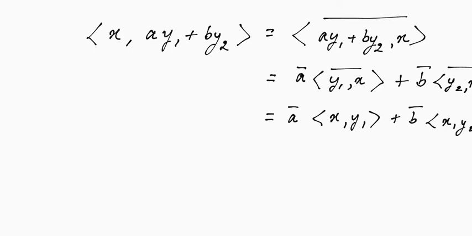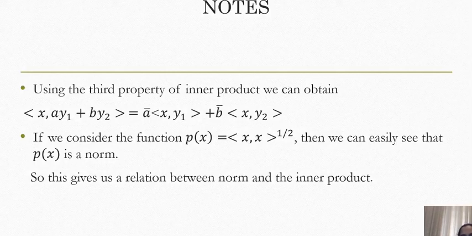So we have obtained that inner product (x, a y1 + b y2) is equal to a conjugate inner product (x, y1) plus b conjugate inner product (x, y2). This property is also called the conjugate linearity of the inner product.